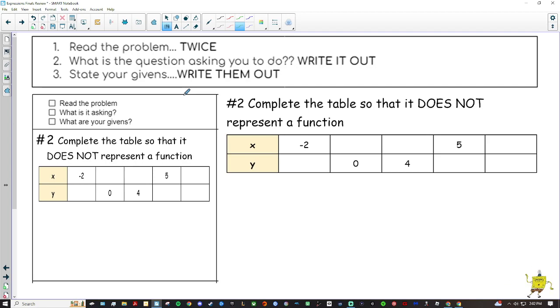Complete the table so that it does not represent a function. We've read it twice. What is it asking, and write it out? This problem is asking us to first complete the table. And it specifically wants us to do it in a way so that it does not represent a function. So first, complete the table.